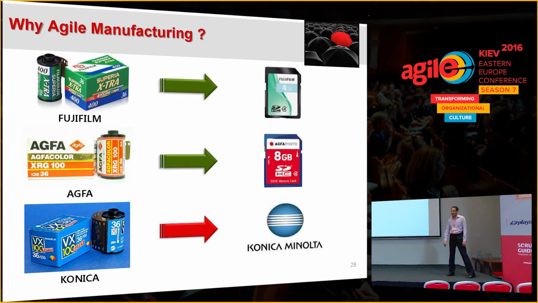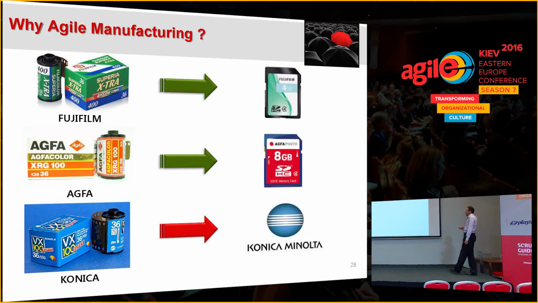Why Agile manufacturing? Let us go back 30 years, before the discovery of the digital camera. What happened? If you still remember these famous 3 companies, when you wanted to buy a film to take some photographs, you could buy from one of these, the top 3 companies at that time.